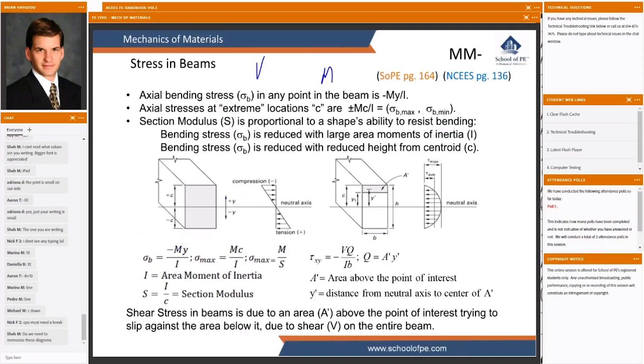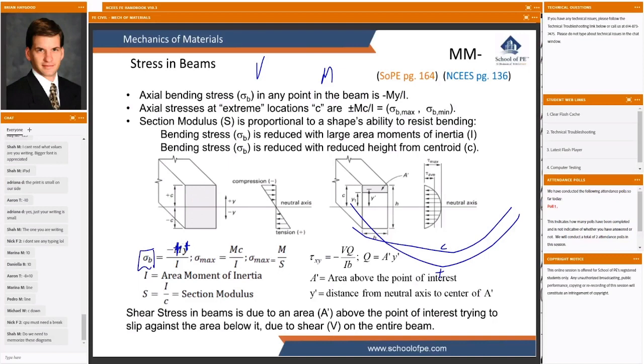If the bending moment were positive, if we instead curved our beam like this, then we'd have tension on the bottom of it and compression on the top of it. So if this were a positive moment and a positive value of y, we end up with a compressive stress.